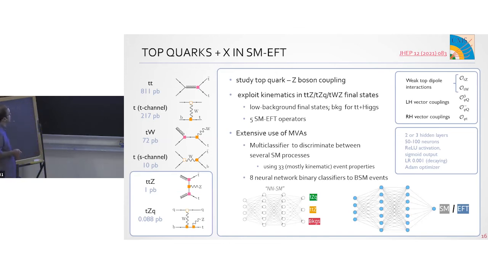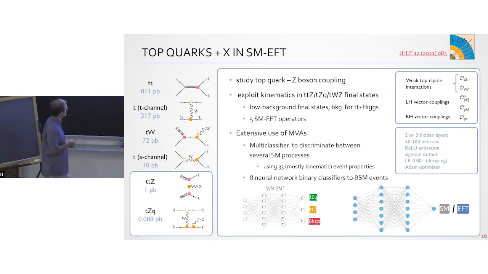Again, it uses them for classifying background and signal, which is not SMEFT specific. It uses 33 mostly kinematical properties. There are 8 neural networks. I think they are 2-layered, but there are many more nodes than what is shown here.